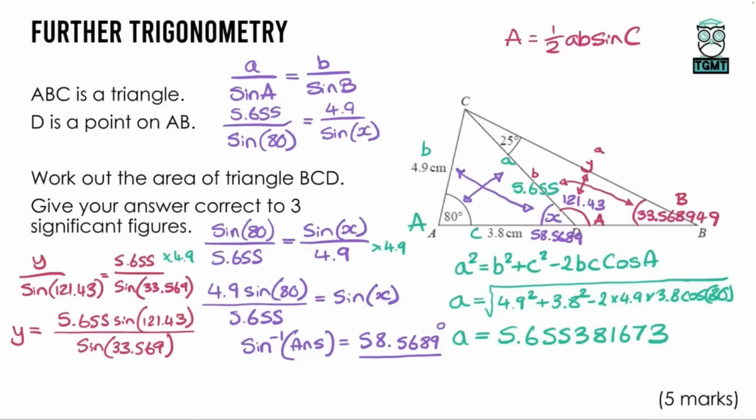There's a lot to type in. So 5.655 sine 121.43, and on the bottom we have sine of 33.569. If I press equals now, I have got an answer for that side length, which I have called y.